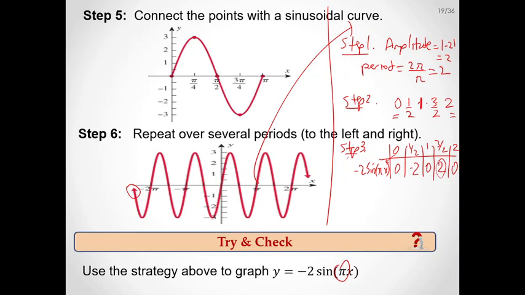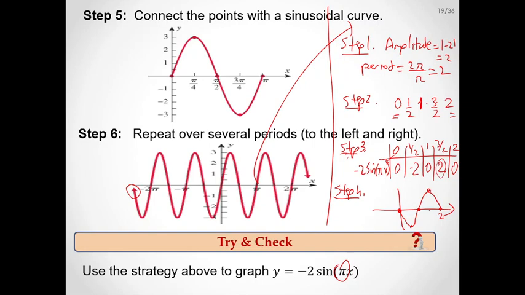Sometimes we use reference angles for the other types of angles, but if the angles are on the x-axis or on the y-axis, we use the unit circle. Now we plot the points on the xy system: (0, 0), (1 over 2, -2), (1, 0), (3 over 2, 2), and (2, 0).